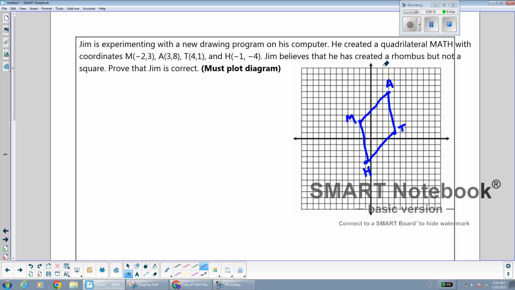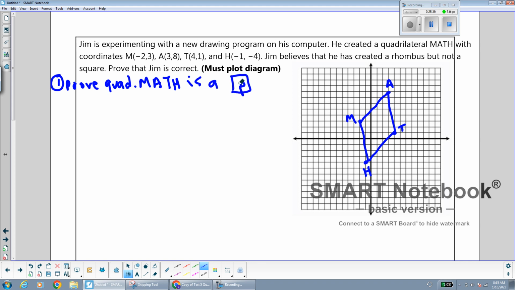But remember, before it could be either a rhombus or a rectangle, the very first thing it needs to be is a parallelogram. So you need to pick a property of parallelograms to prove first. So number one is prove quadrilateral MATH is a parallelogram.